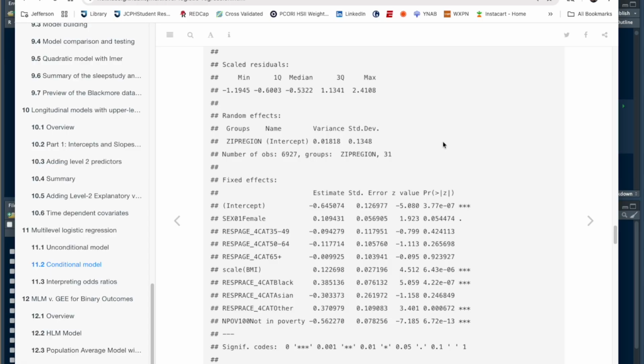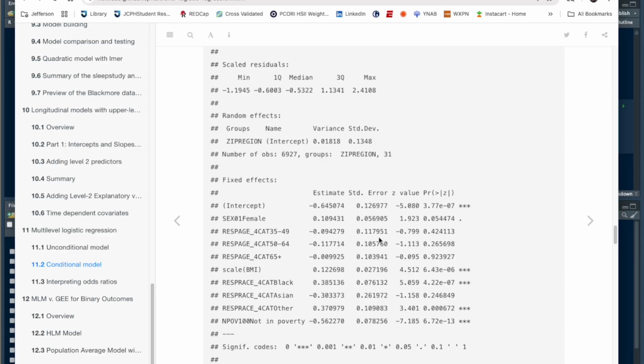But we've somehow explained some of the variation in zip region, probably because poverty levels are a function of the neighborhood you live in, not your personal income. So we do indeed have kind of a quasi cluster level predictor in this model, which, as you can see, has a very small p-value, which a lot of these p-values will be small in this data set because it's a big data set. So we'll be interested in looking at odds ratios.